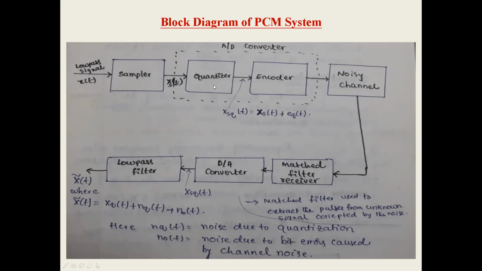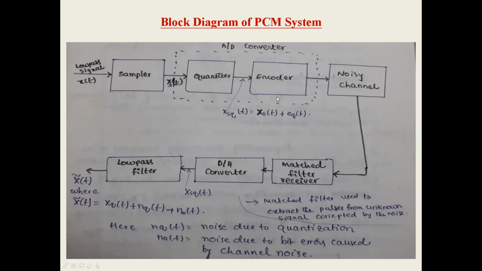Whenever the quantizer performs quantization, there is a chance of getting a quantization error. That quantization error we represent here as eq(t). So the output of the quantizer is sq(t) equal to xs(t) plus eq(t). This sq(t), the output of the quantizer, is encoded by the encoder.